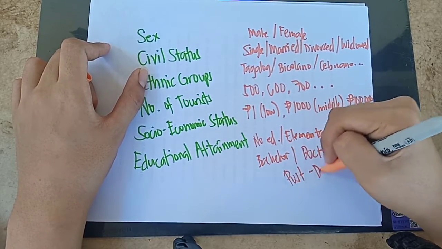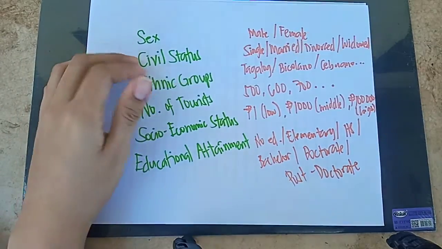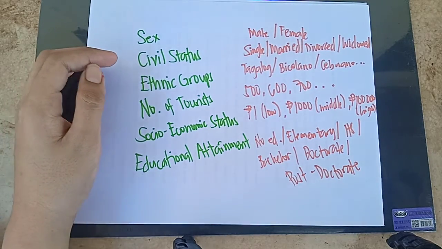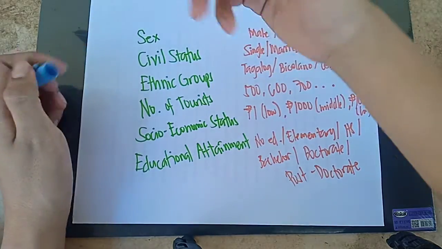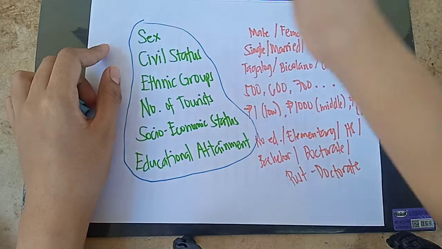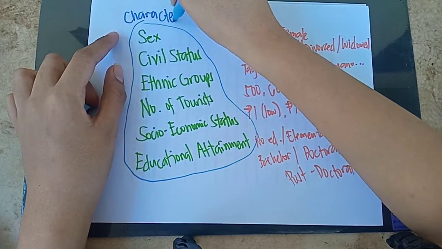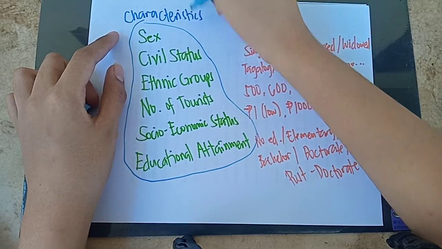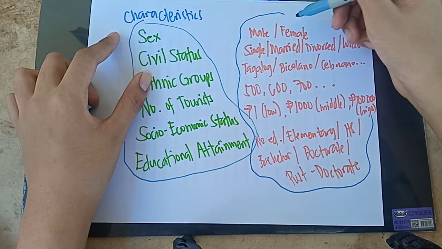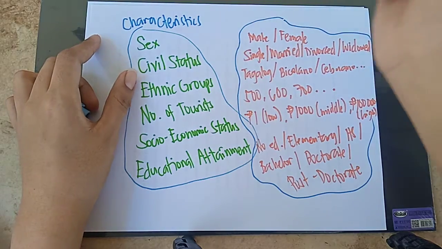Okay. Now, using this illustration of examples, how can we define characteristics and possible values? This set of variables here is actually the characteristics, while this set here at the right hand corner are actually the possible values.